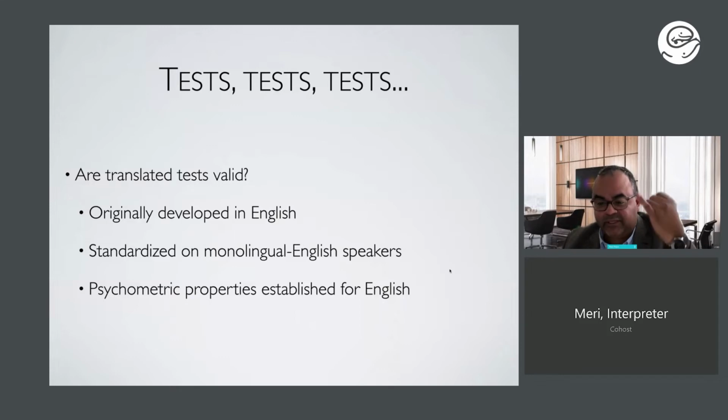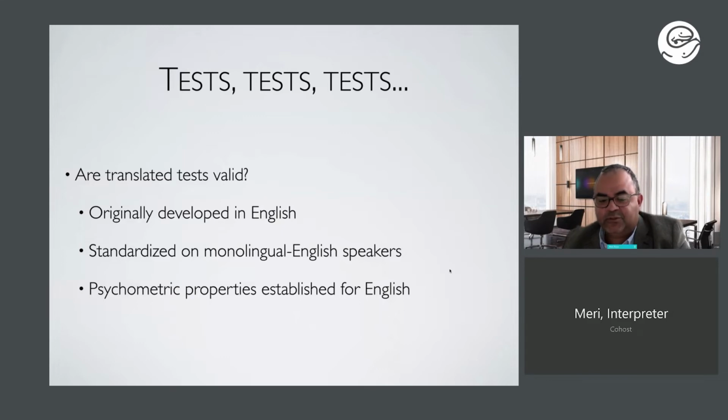Sensitivity is the proportion or likelihood that a test correctly identifies a kid that has a language disorder. And specificity, which is kind of the inverse, is the likelihood or proportion of time a kid who does not have a language disorder will demonstrate that they do not have one. So you want a test that has high sensitivity and high specificity in both languages.